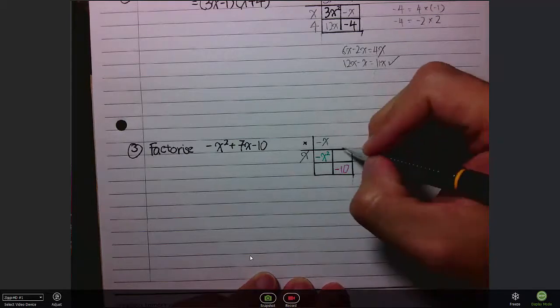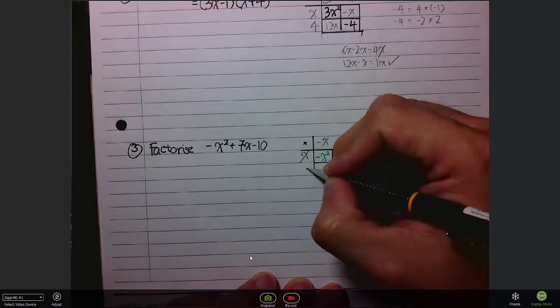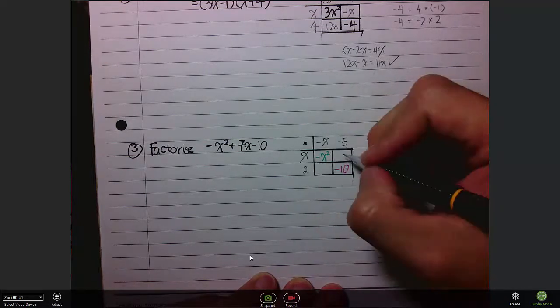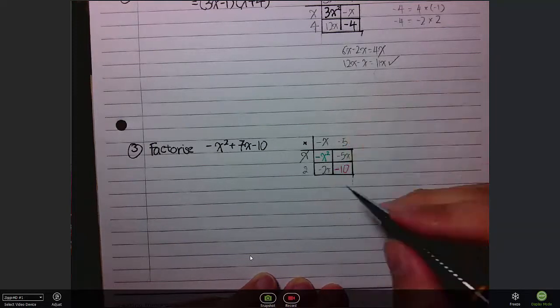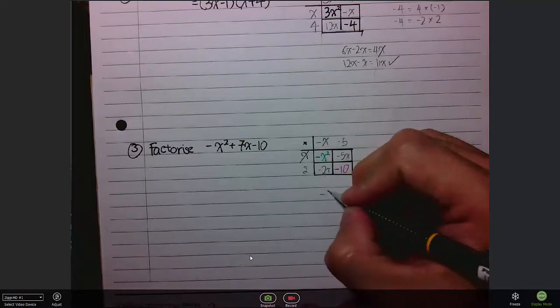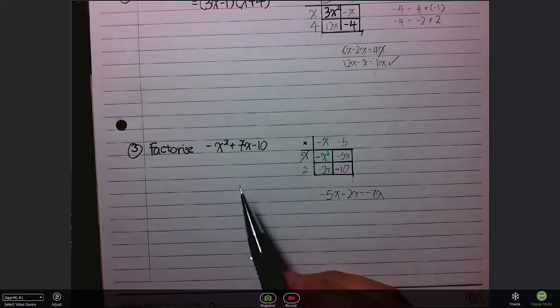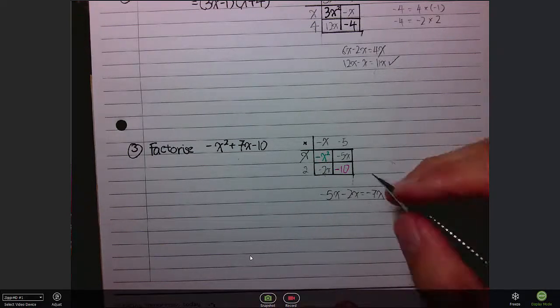For negative 10, I try negative 5 times positive 2, which gives me negative 10. So this gives me negative 5x and this gives me negative 2x. Negative 2x and negative 5x gives me negative 7x. Almost there. This is negative 7x, but we need plus 7x.